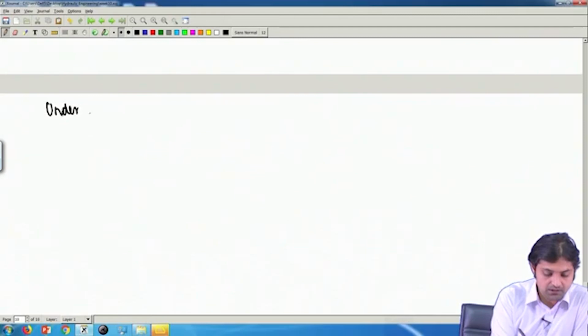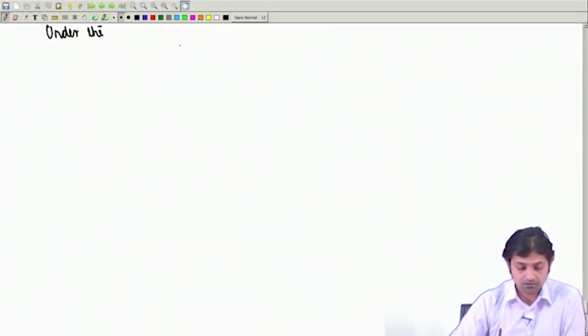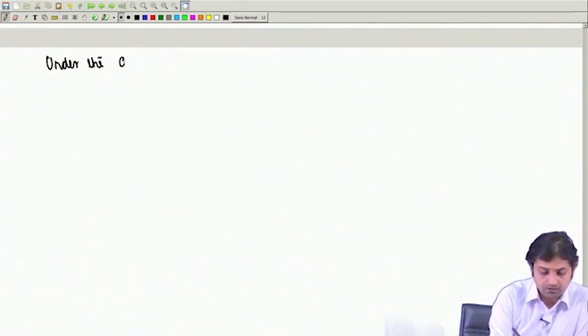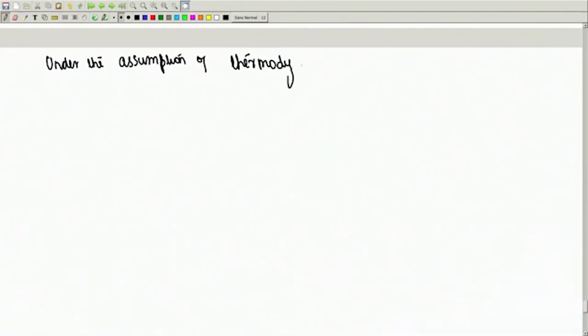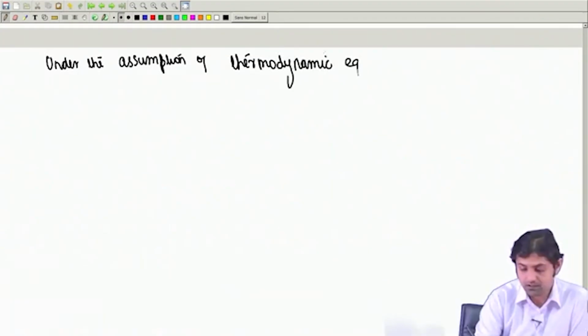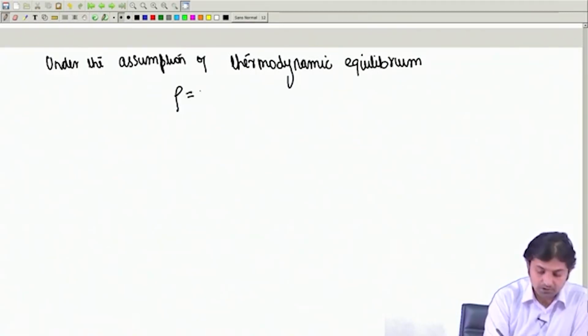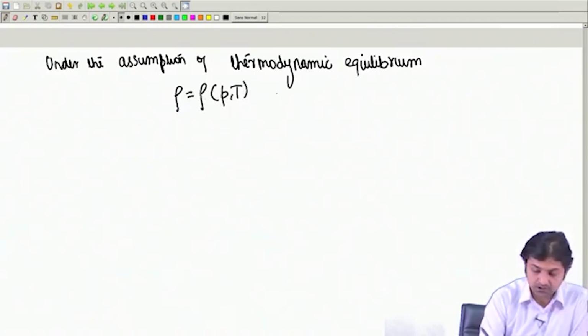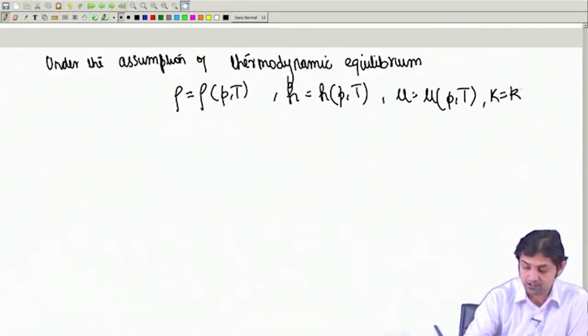So, under the assumption of thermodynamic equilibrium, rho is a function of pressure and temperature, H is also a function of pressure and temperature, mu is also a function of pressure and temperature, and K, the thermal conductivity, is also.